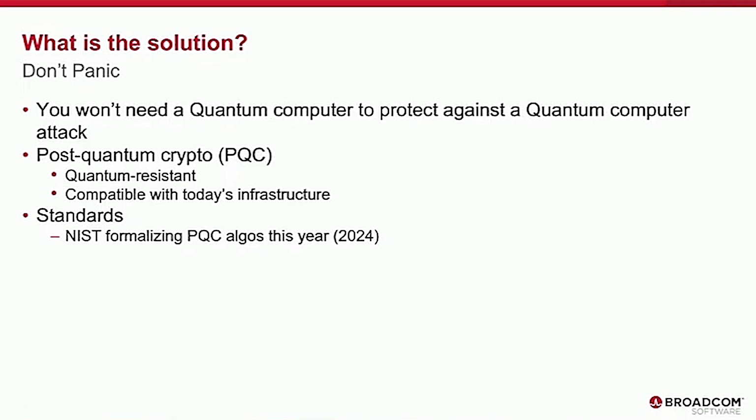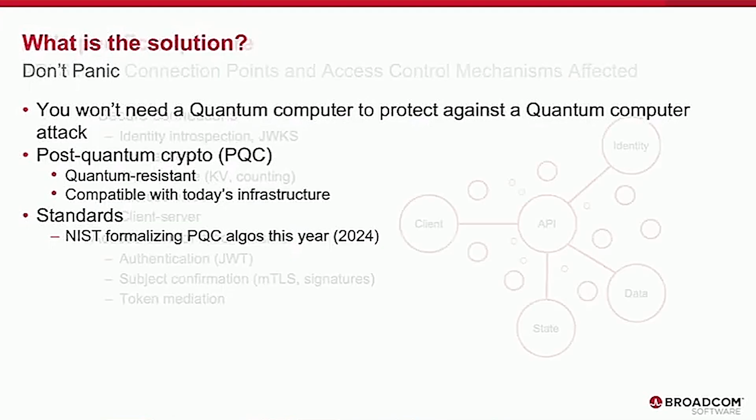These new crypto standards are compatible with today's computers. You don't need a fancy quantum computer for that. These new standards are being formalized this year, in 2024. We are closing the comment period for these new standards that are being specified by NIST in particular. So the solution is there. We just have to apply it, and that's what the problem is.